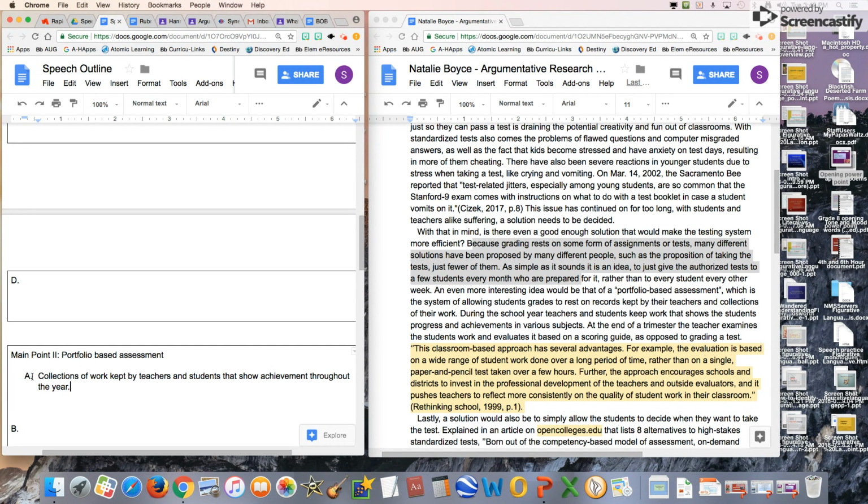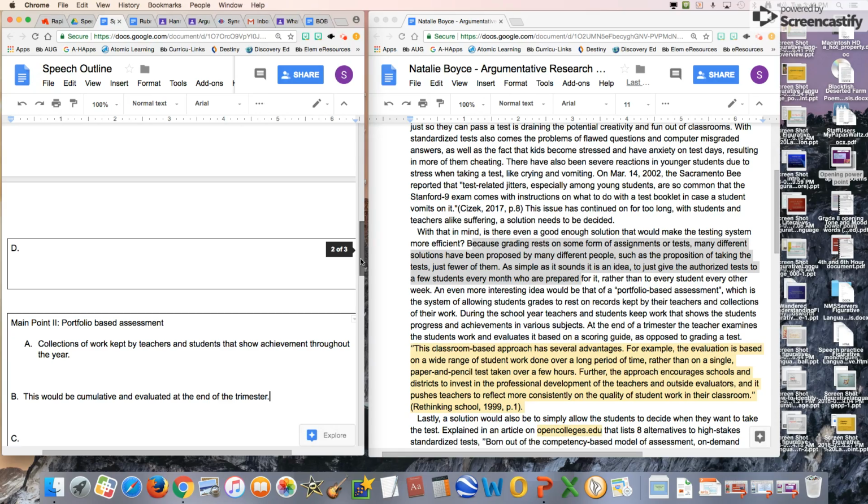Okay. The second point on that is that this would be cumulative and be evaluated at the end of the trimester, rather than just one time on one day. So that's her second idea for a solution.